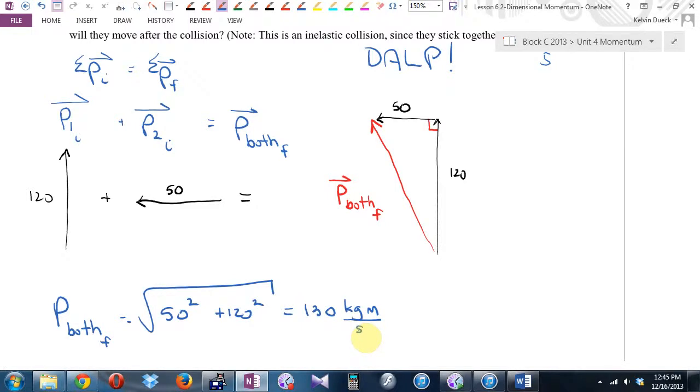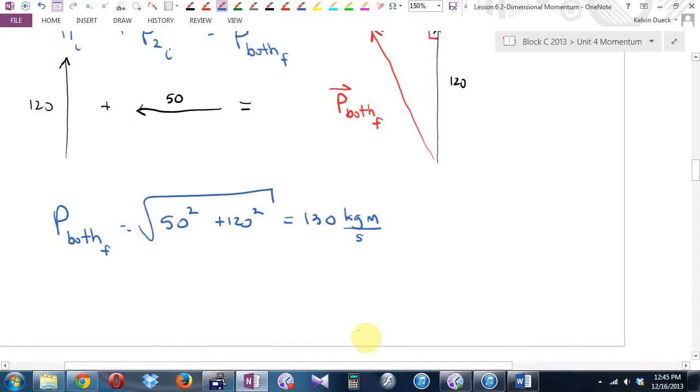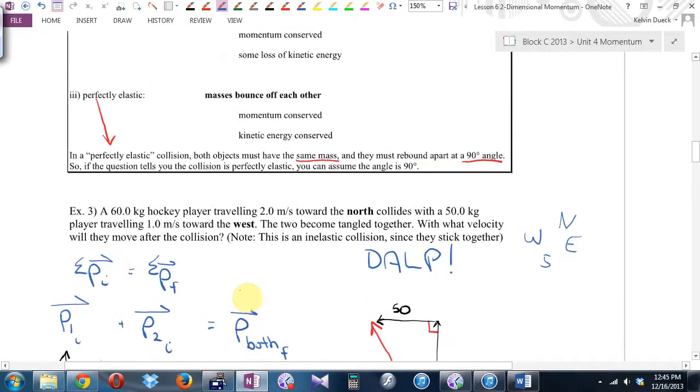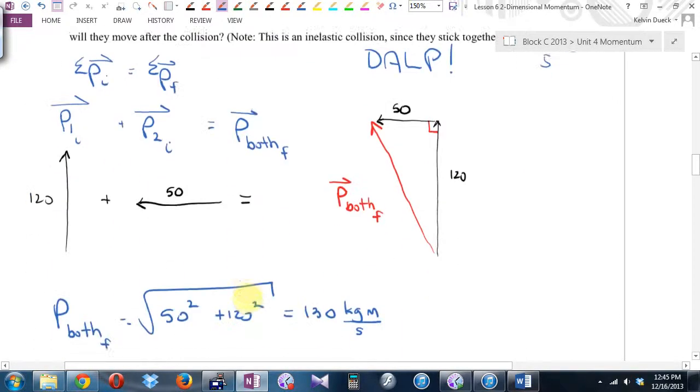These are the questions you ask yourself step by step by step, except now we add some trig. So if I want to find V final, that's going to be 130 divided by M1 and M2. That's going to be 130 divided by mass 160, mass 250, 110.